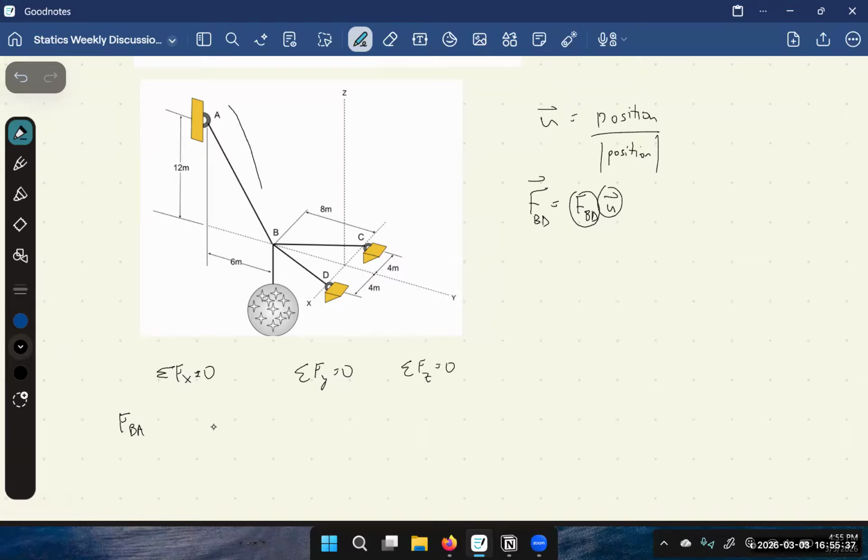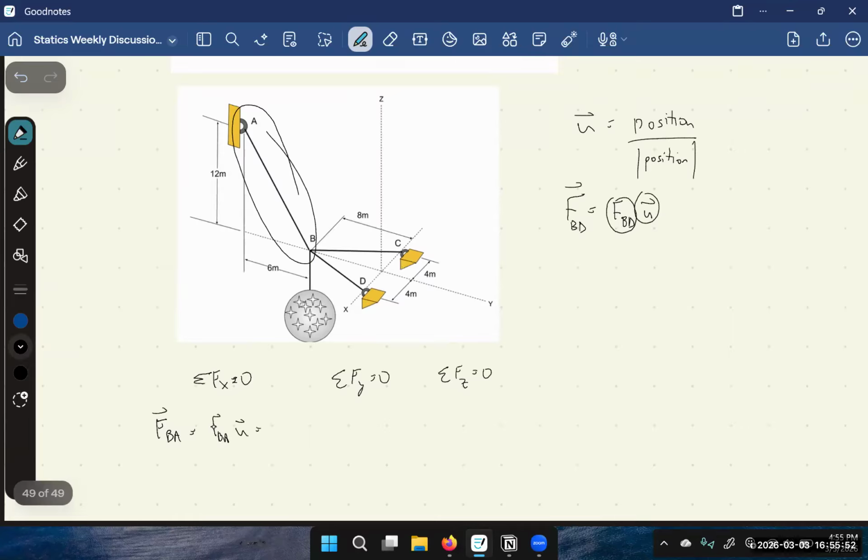That's this cable. I'm doing FBA times U, and that will be U as a position from the coordinate system.